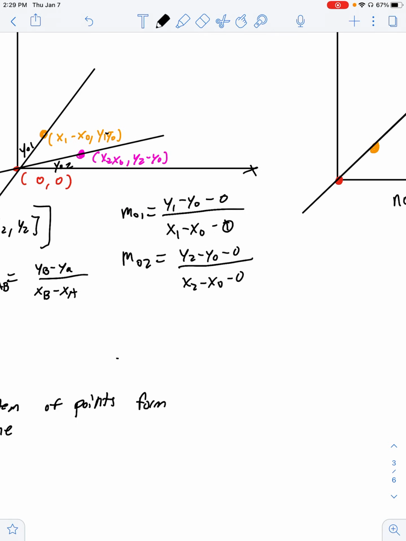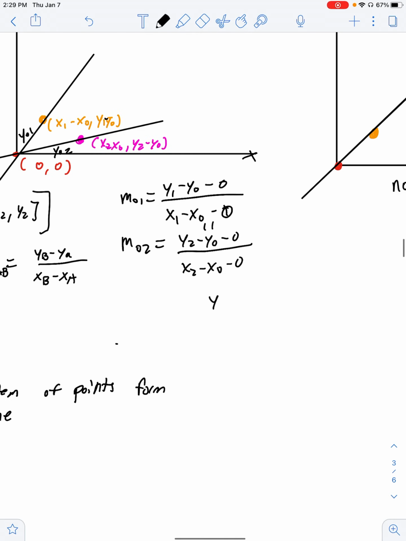And if y1 minus y0 over x1 minus x0 equals y2 minus y0 over x2 minus x0, then this system forms a straight line.